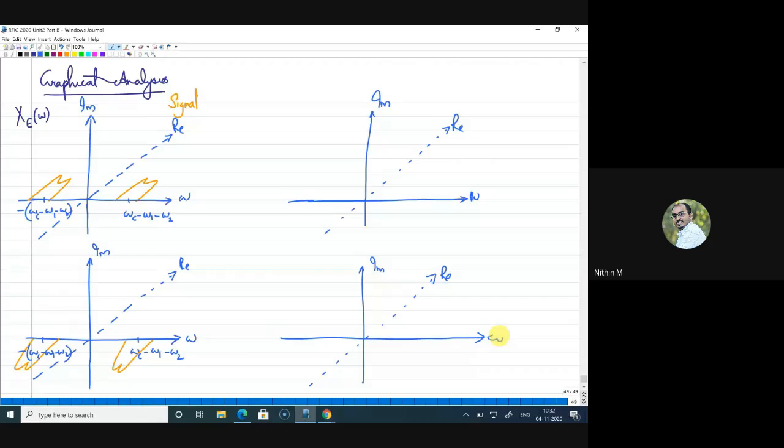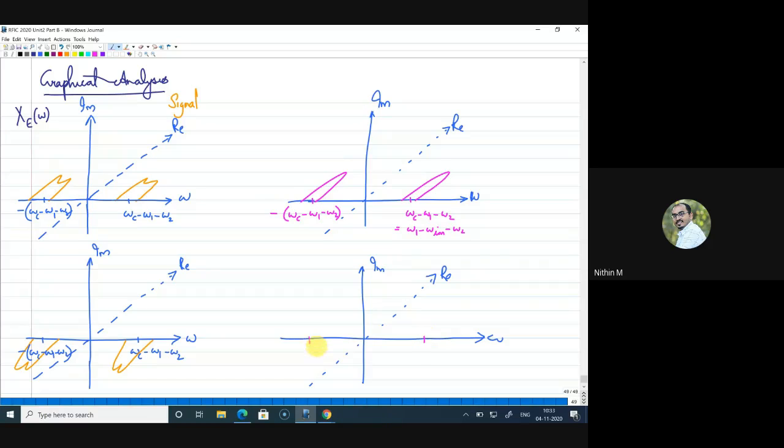Now when I look at the image frequencies, let me mark it in terms of the same thing. It is omega c minus omega 1 minus omega 2, which is a signal component. But we know that omega c minus omega 1 is the desired signal, and at that point you will get an image signal at omega 1 minus omega m. Both are the same, minus omega 2. These two are equal. On the other side also I can write it as minus omega c minus omega 1 minus omega 2, and these are the interferers or the image signals.